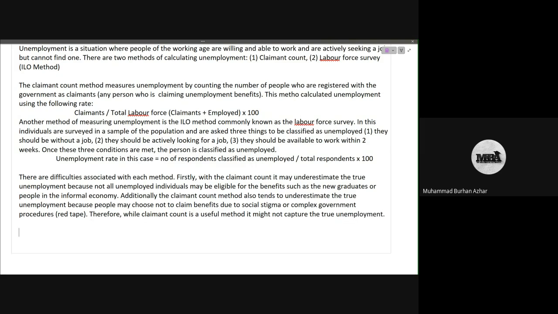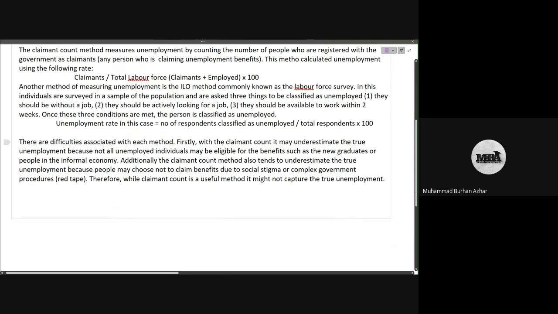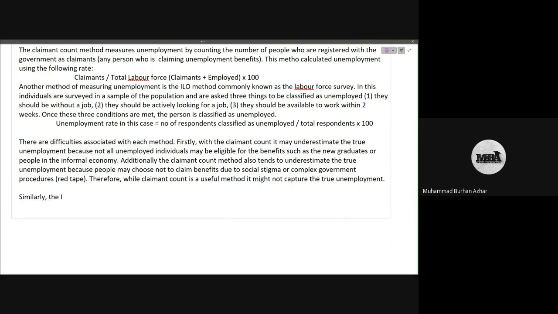Similarly, we'll now talk about the problems of the ILO method. The ILO method is also with limitations because it is based on sampling and people self report the data. Self reporting the data means that the people who are in fact unemployed are reporting the data themselves.